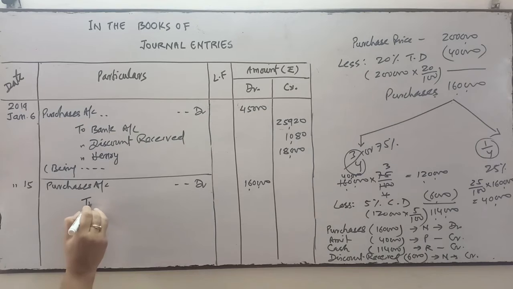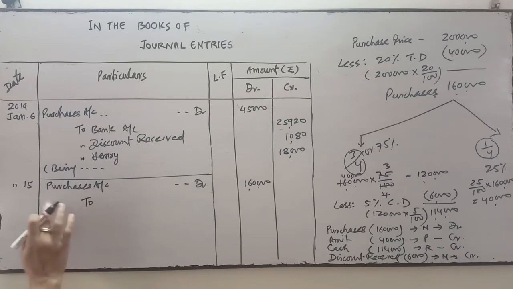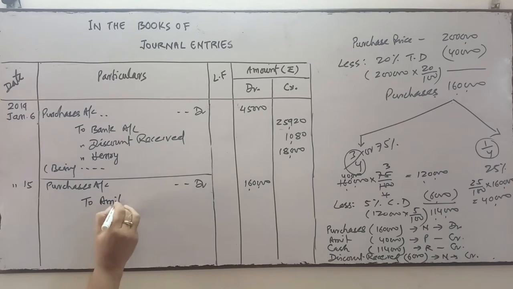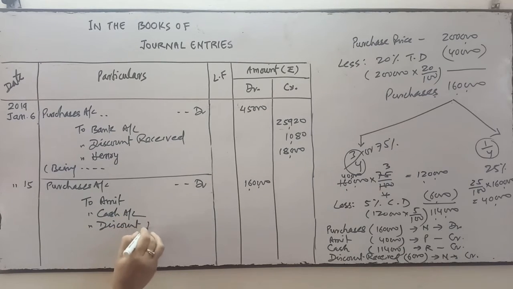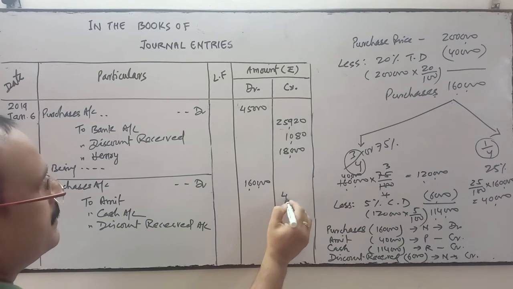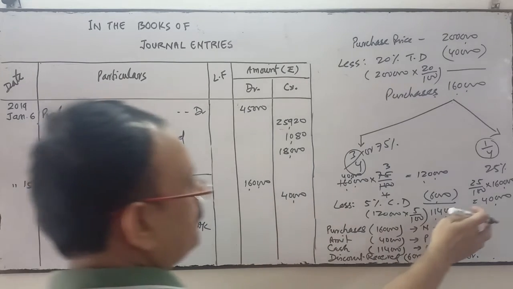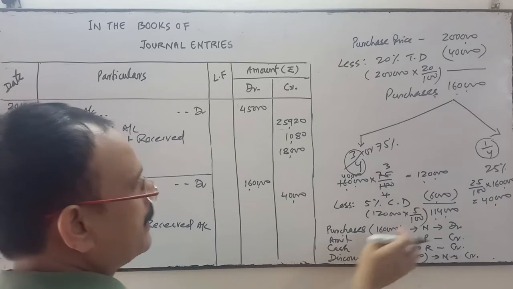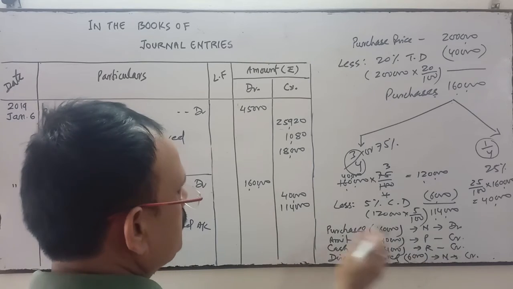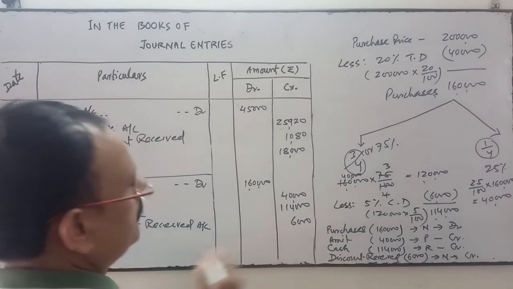Thereafter three accounts are credited, so I am taking space over here for these 3 accounts. To Amit, to cash account, to discount received account. Amit, 40,000 for credit purchase. We have purchased on credit. Cash, 1,14,000, and 6,000 is for discount received.